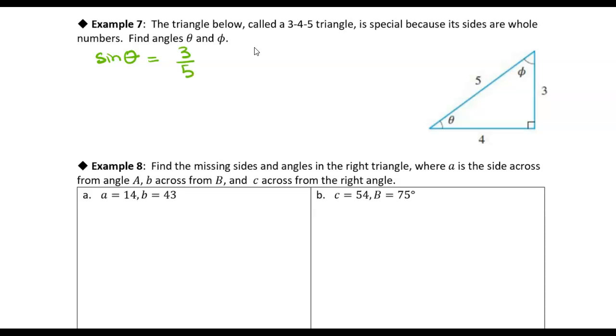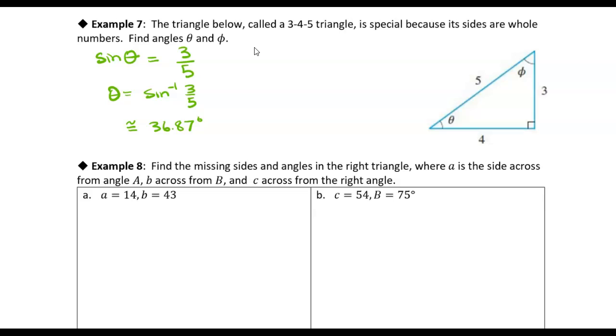Now we're going to have to use our inverse trig functions to figure this out. So theta is equal to the inverse sine of 3/5. If you calculate the inverse sine in degree mode on your calculator, you'll get 36.87 degrees.